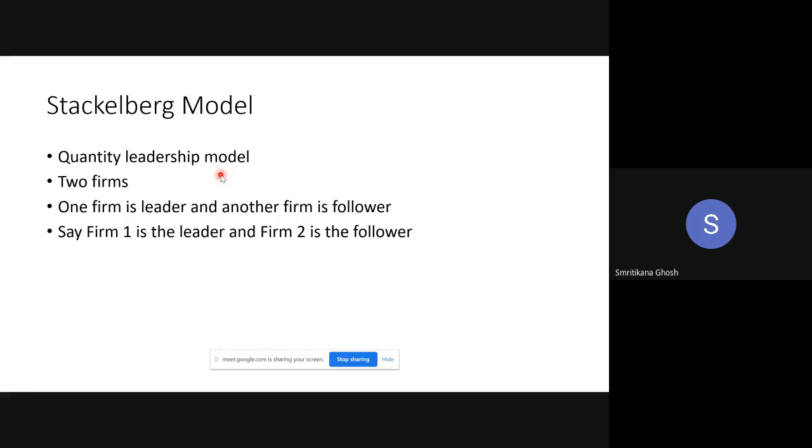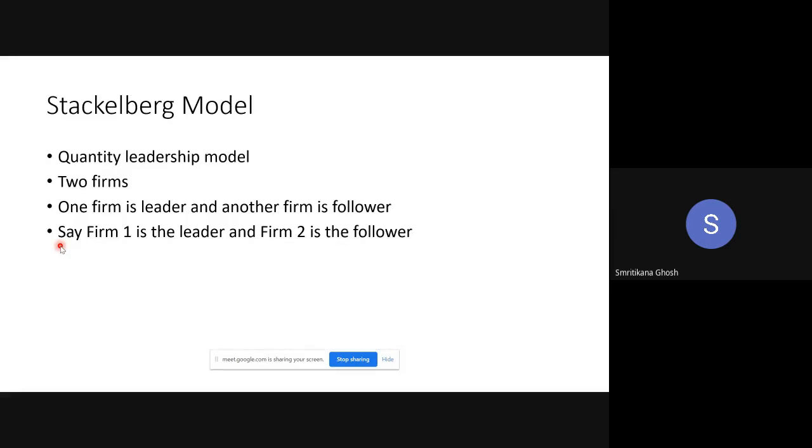So the second bullet is showing two firms. As I already said, we will discuss everything in terms of two firms because of the duopoly structure. Now one firm is a leader and another firm is a follower. And say firm one, you can choose any of them, but just for simplicity, say firm one is the leader firm and firm two is the follower firm.